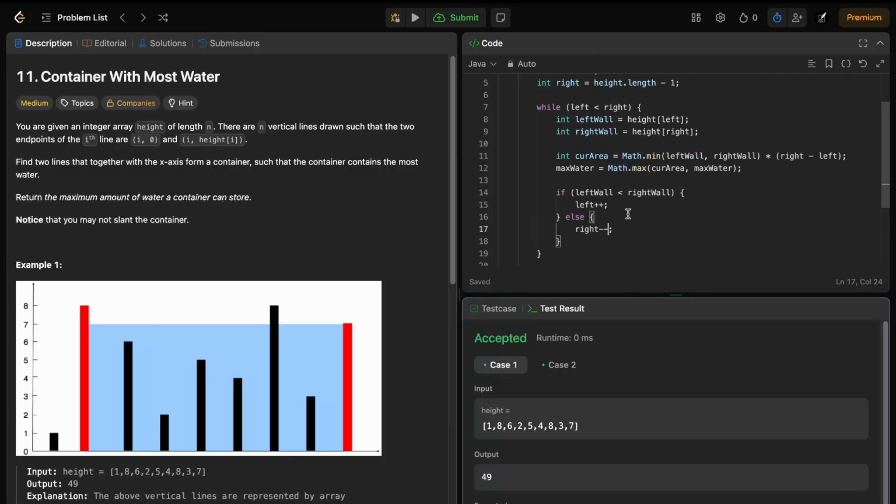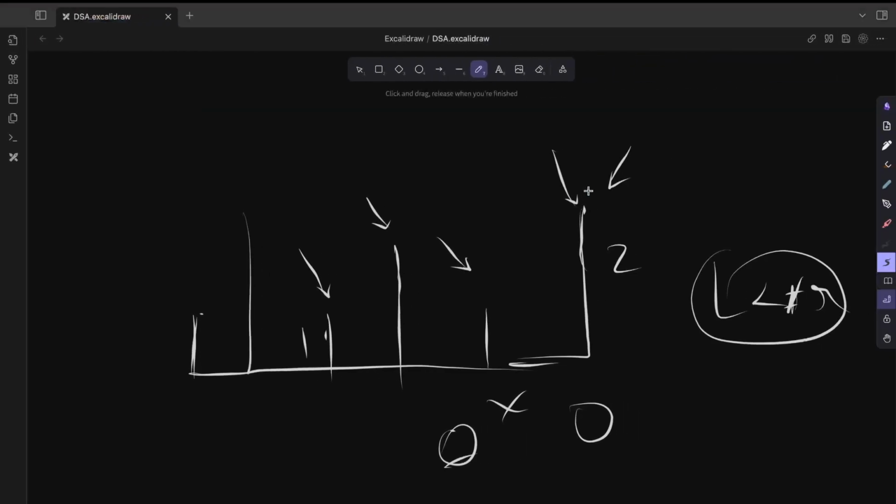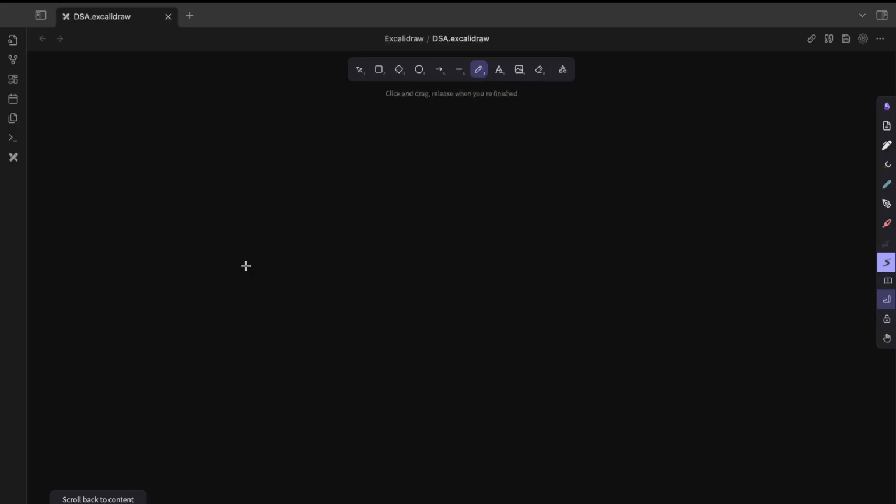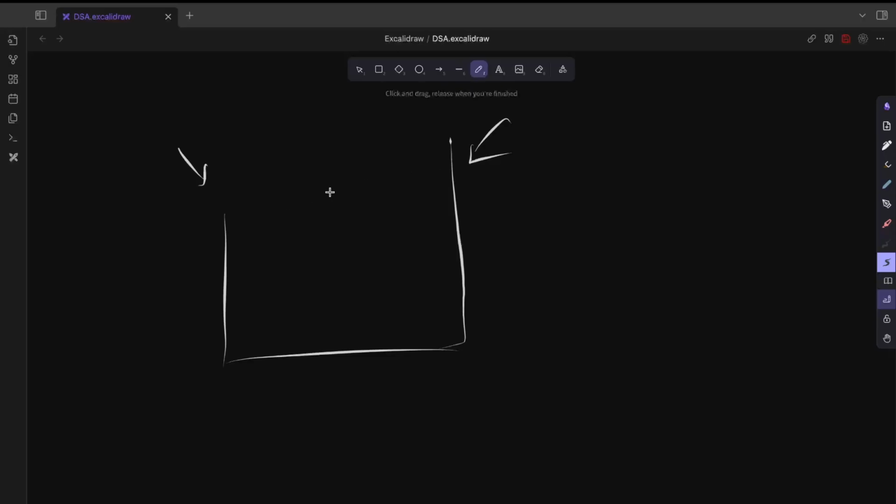Yeah, this is good. But one more optimization that we can do is, think that we have a wall. Okay, so we have a left wall and we have a right wall. Now this left is smaller than the right, so obviously what we are going to do is move the left pointer.